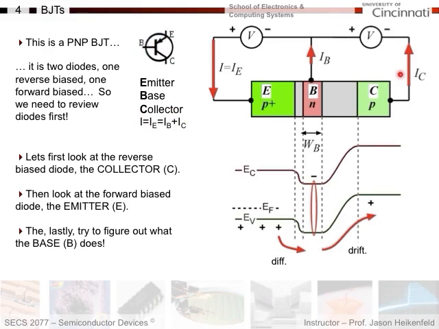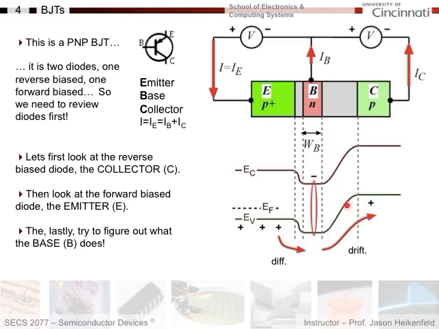Now, here's how we're going to break this down. We need to review diodes first because this is based on diodes. The first thing we're going to do is look at the reverse bias diode, which is the collector. If you look at this diode, there is a wide depletion region, because it's reverse biased. And so you can see the current flowing through this device from emitter to collector is flowing out by drift current because it's reverse biased.